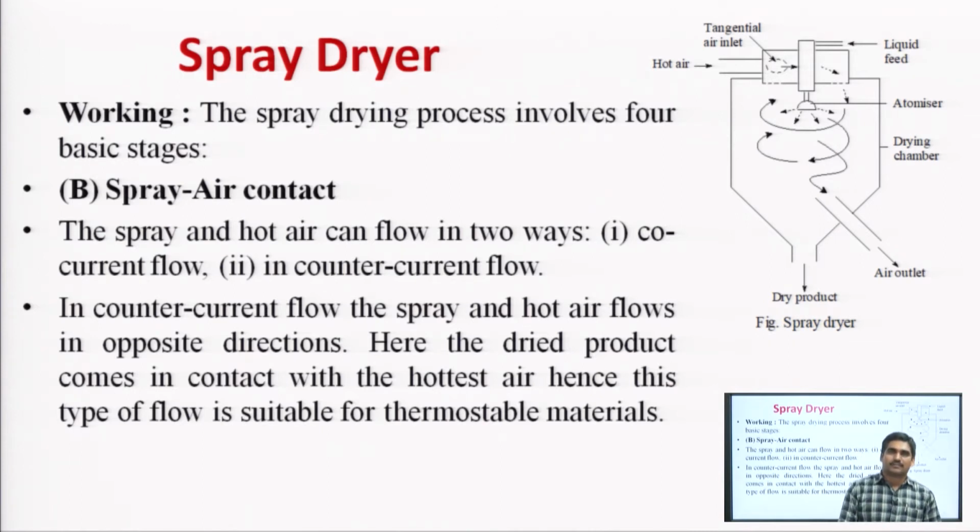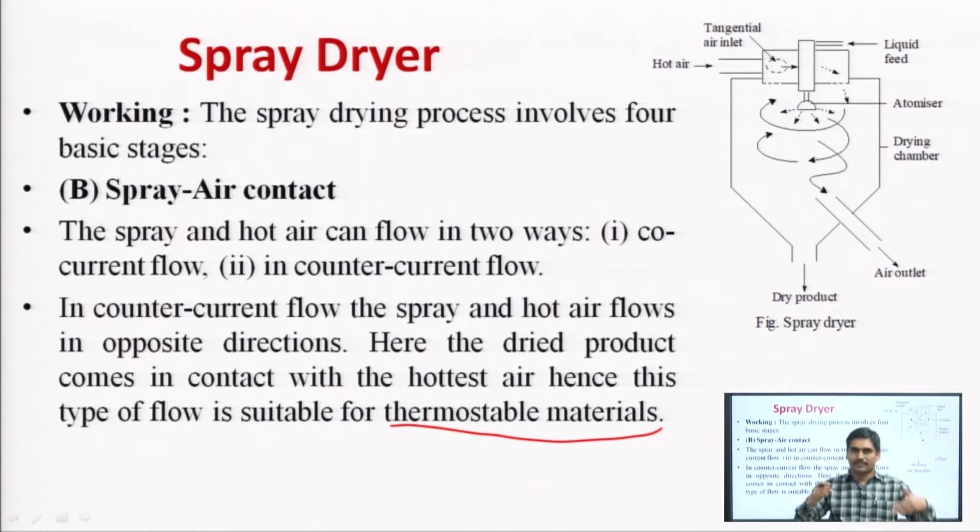Second type was counter current flow. That means, the spray and hot air are moving in opposite directions. What happens is, the dried product comes in contact with the hottest air. Hence, this type of flow is suitable for heat stable or thermostable materials.